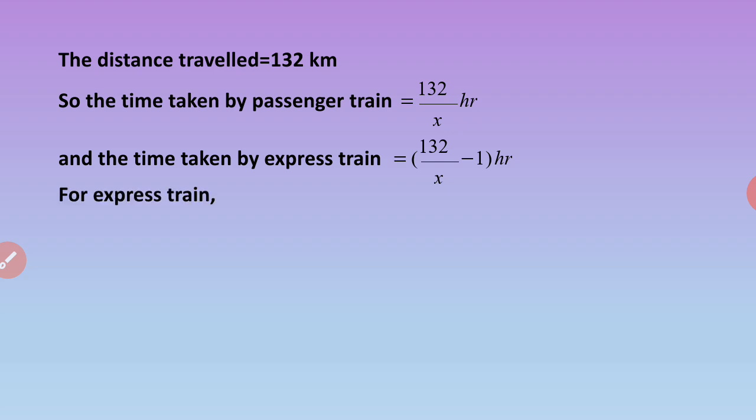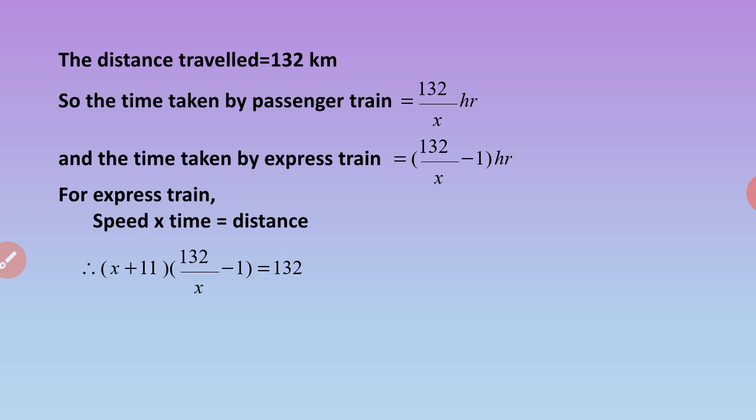Now children, for the express train, we are calculating speed into time equal to distance. So the speed was 11 plus x, that is x plus 11 for the express train. And the time taken, we have just found it out. It is 132 upon x minus 1. And the distance is 132.